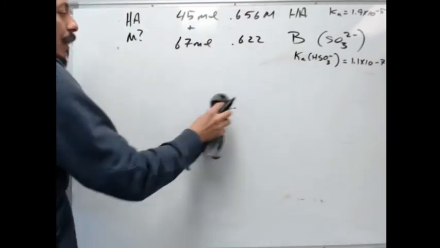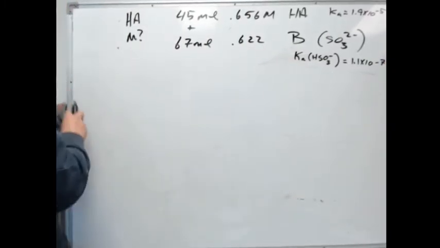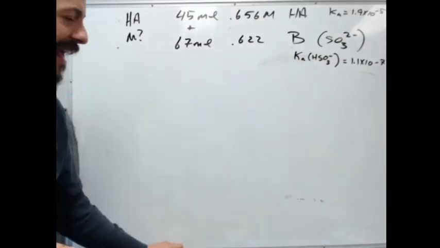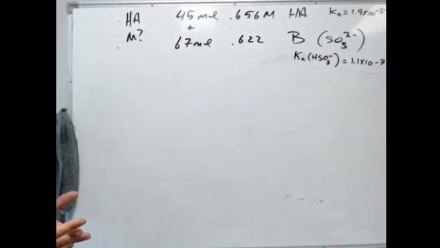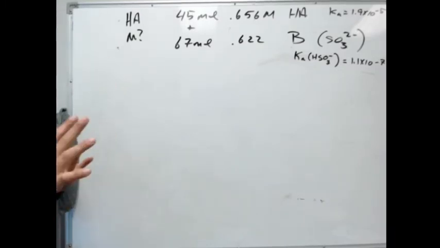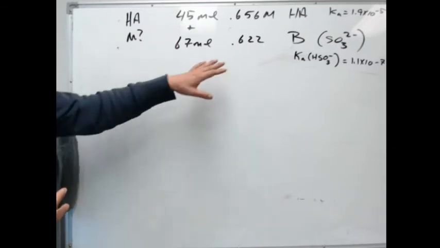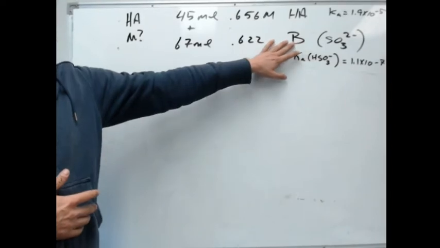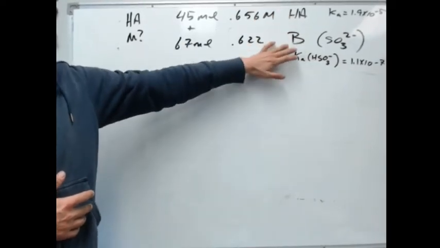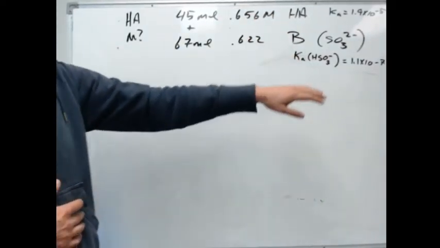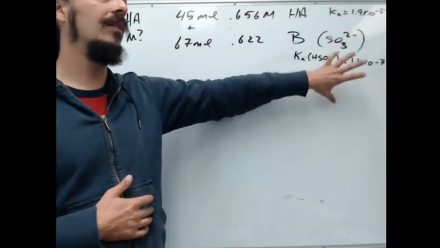Okay. So, let's talk about problem analysis and how we think about this problem right as we read it. You notice the way I set things up and wrote down the key information already suggests some amount of thinking. I recognize that I have an acid and a base, and that this is an acid-base reaction. I've got molarities. I recognize that I've got 2 Kas.